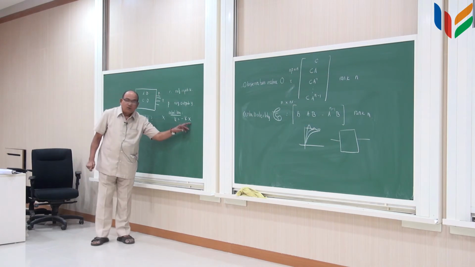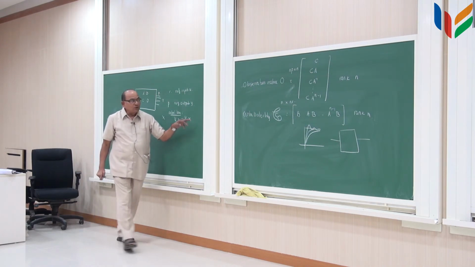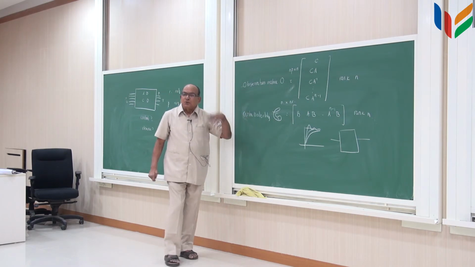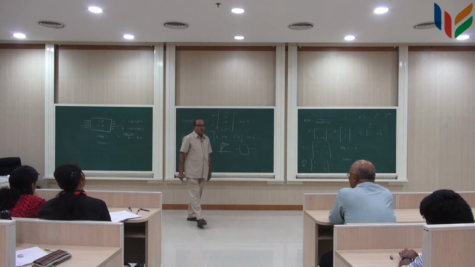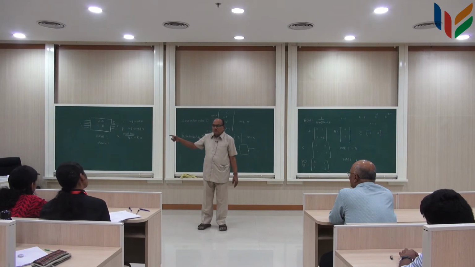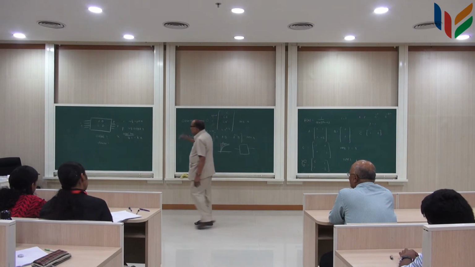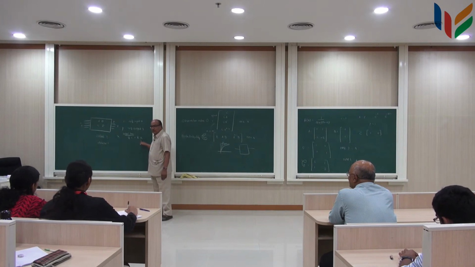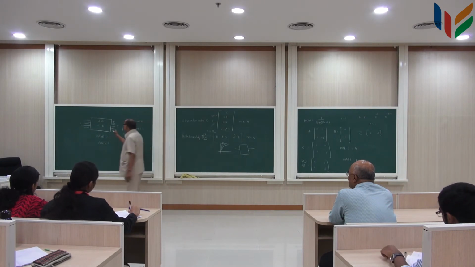For doing this, I must know x, right? To know this x, I must have observability. Since this is satisfied, I should be able to find out x from the y and u. And once I find the x, use that x to make a kx and use this as an input to it.